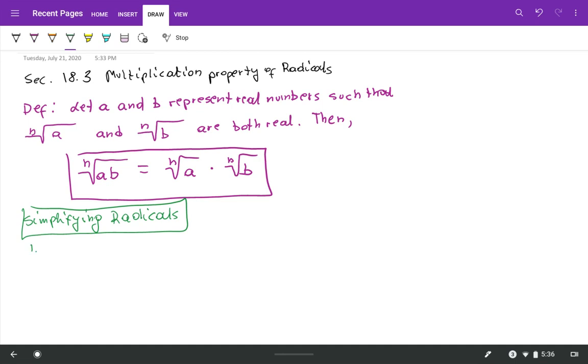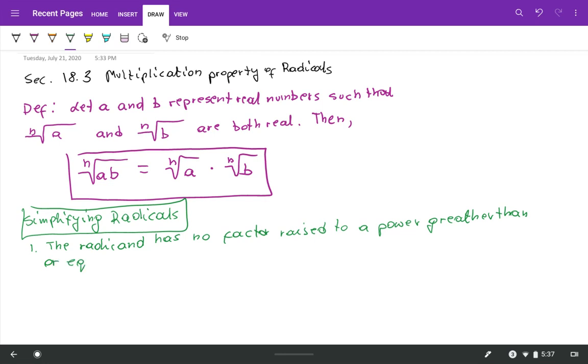Number 1, to simplify radicals, the radicand has no factor raised to a power greater than or equal to the index.